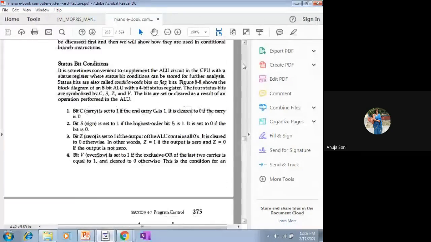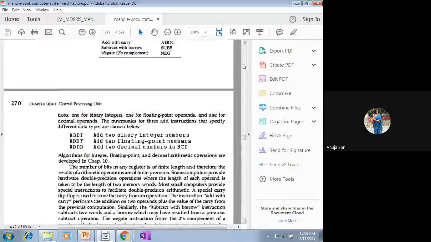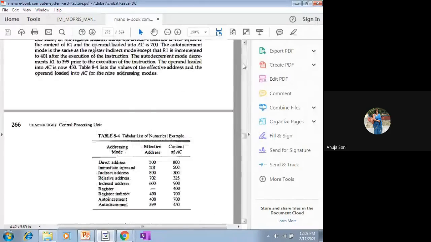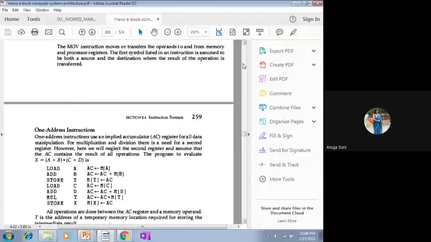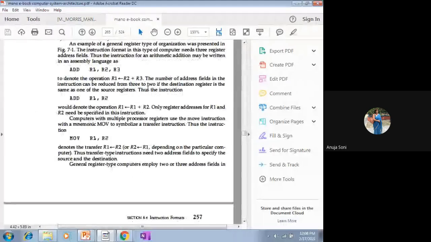I'm switching to that as well. So do one thing: submit the assignment based on section 8.5 by today night, and submit the remaining assignments, remaining questions, by coming Tuesday. Is that okay? Is that okay or any doubt?